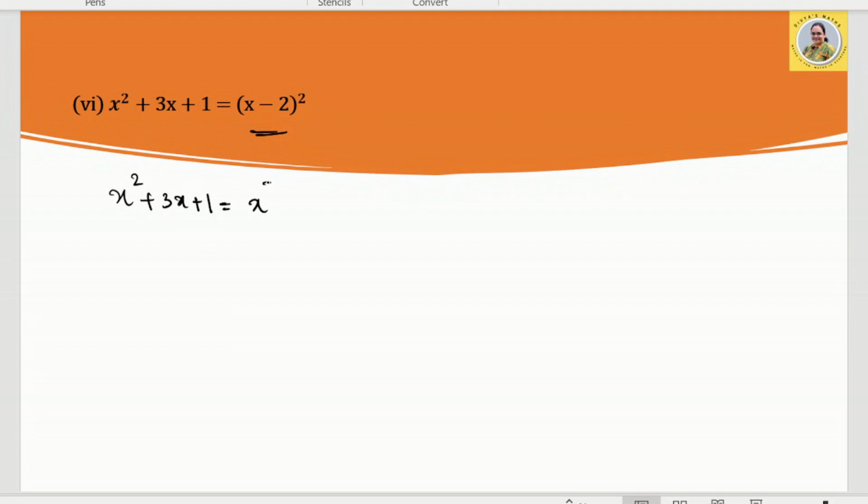So you will get x square minus 2 into x into 2 plus 2 square. So x square plus 3x plus 1 is equals to x square minus 2 2s are 4, 4x plus 4.